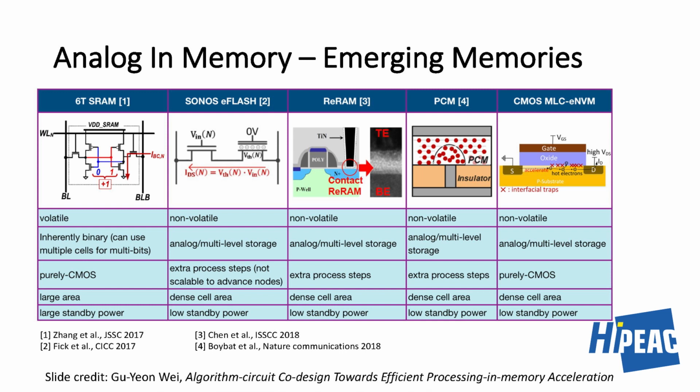SRAM is purely CMOS, so it's very easy to manufacture and integrate with the compute. But all these technologies are still figuring out how to make a very efficient process for integration with the mainstream technology. Now, I'm not a circuits person, I'm an architect, but what I get from these technologies is that they're very promising and they're still under research, right?